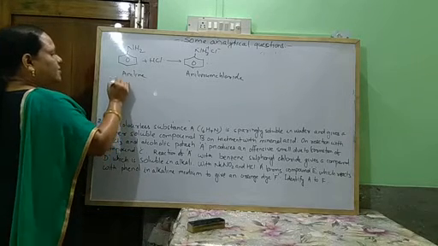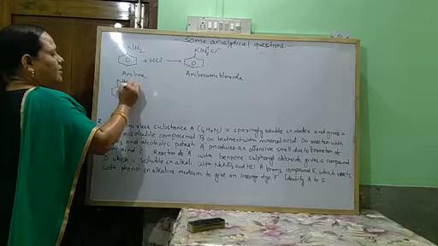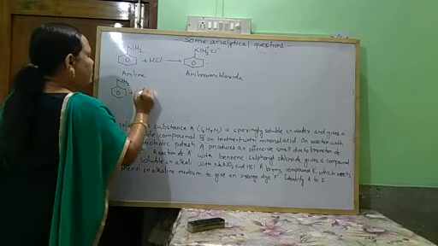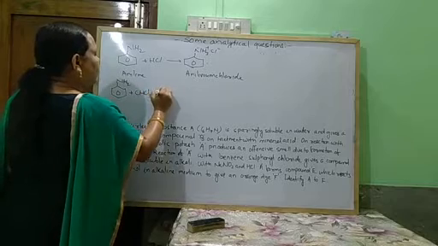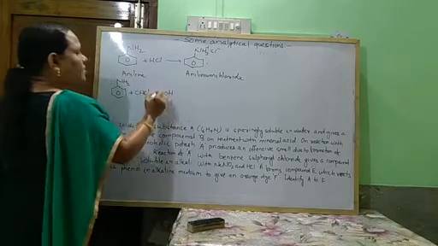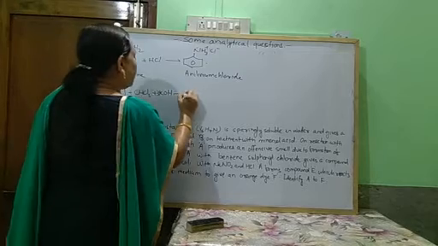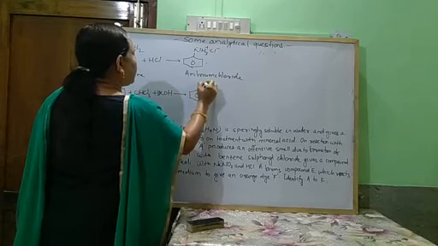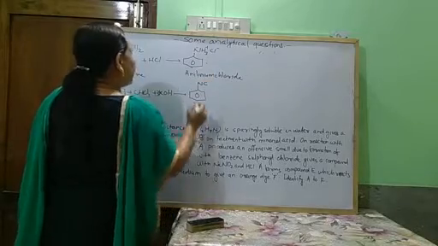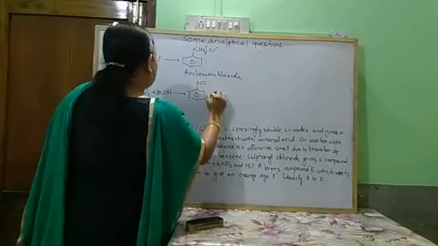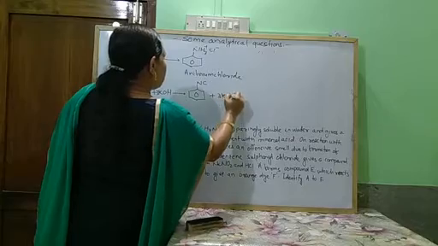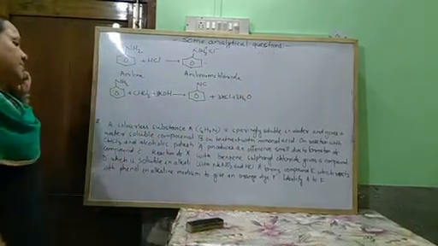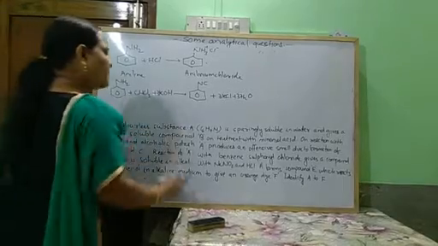So this is aniline, and when treated with chloroform and potassium hydroxide, it forms phenyl isocyanide plus water. So it has an offensive smell.